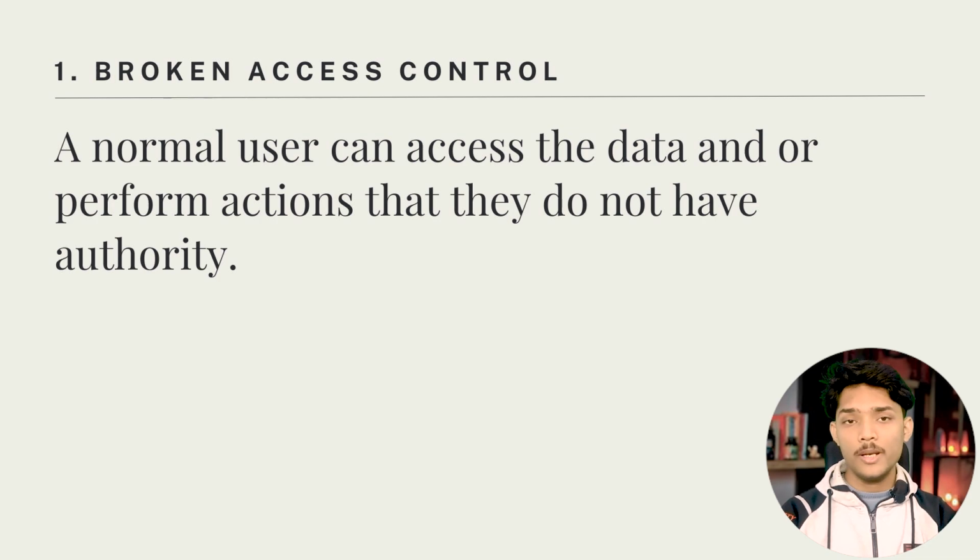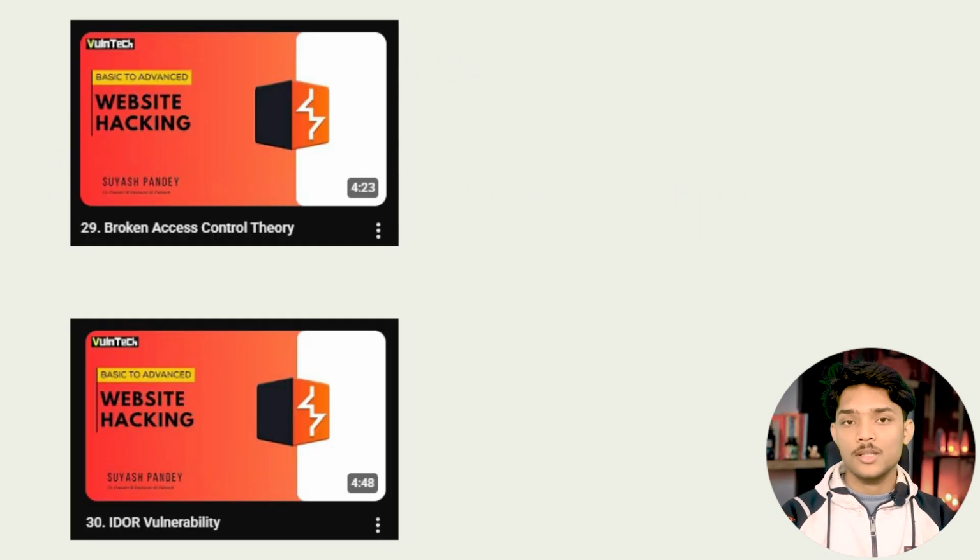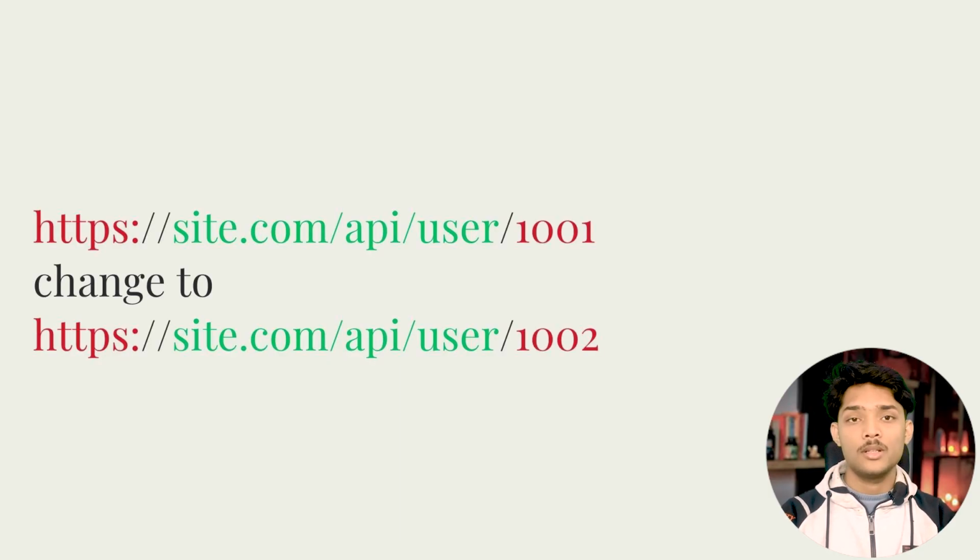Now, in the vulnerabilities area, this can occur in the IDOR vulnerability, which we have covered in one of the lectures of our bug bounty course, where we have practically performed IDOR vulnerability exploitation. What happens in an IDOR vulnerability is that you can access other users' IDs just by changing some parameter values.